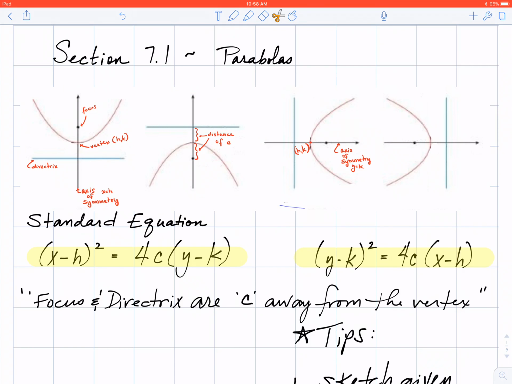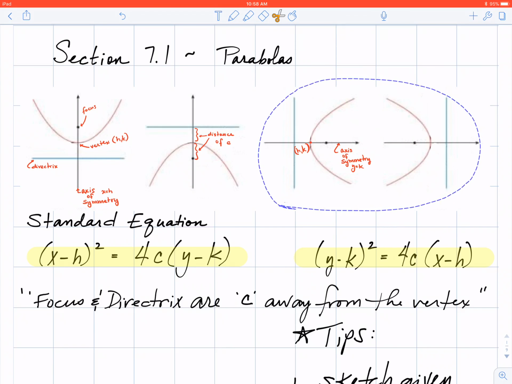When my y's are squared, these are the new parabolas, and this is where I have a concave right and a concave left. So the way that you know which equation to use is to determine first, is it concave up or down? Then that's going to be x squareds. If it's concave right or left, it's going to be y squareds.